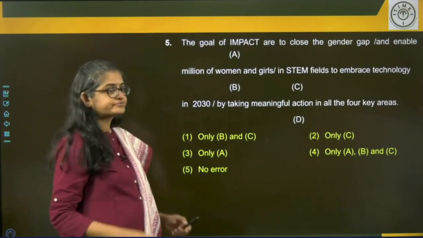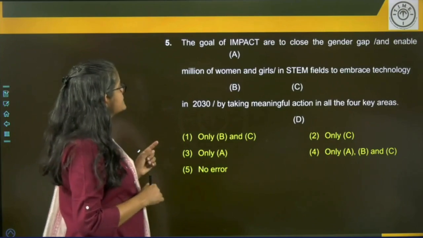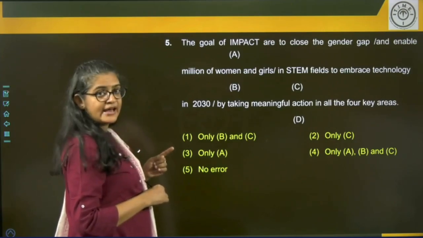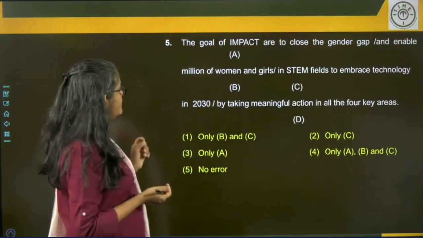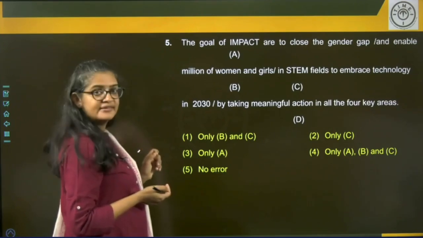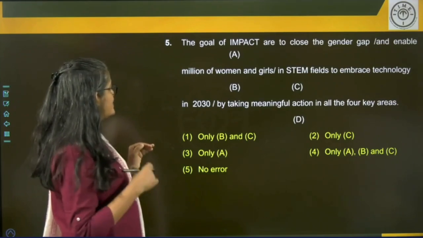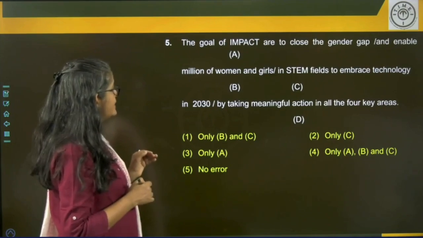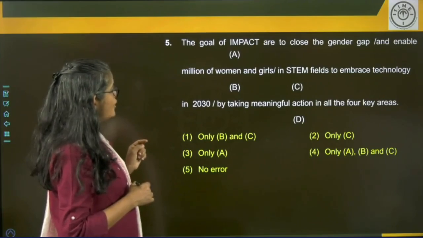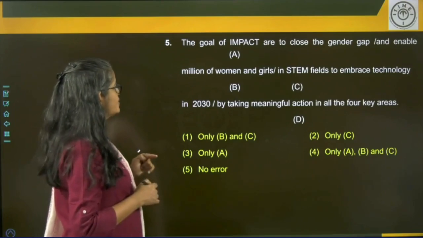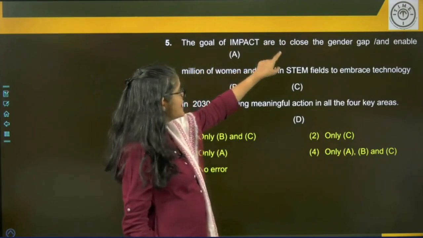Next question. The goal of impact are to close the gender gap and enable million of women and girls in STEM fields to embrace technology in 2030 by taking meaningful action in all the 4 key areas. Please spot all the errors while I read. So, the goal of impact are to close.